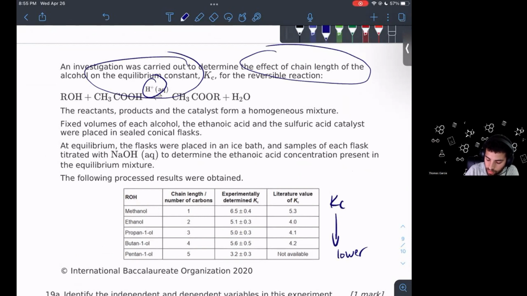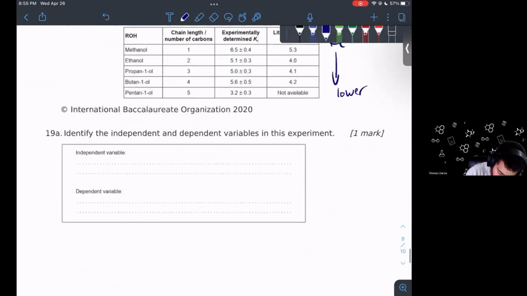When you see this statement, effect of blank on blank, like the effect of temperature on evaporation, the effect of giving chocolate to my students as a source of motivation, the effect of this is going to be your independent variable. So your independent variable is chain length.